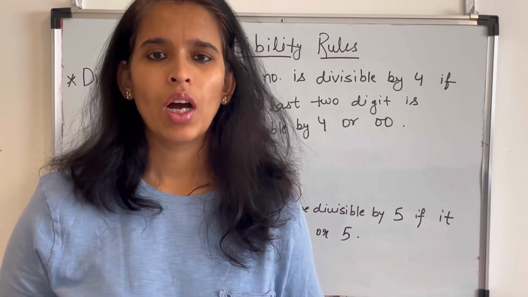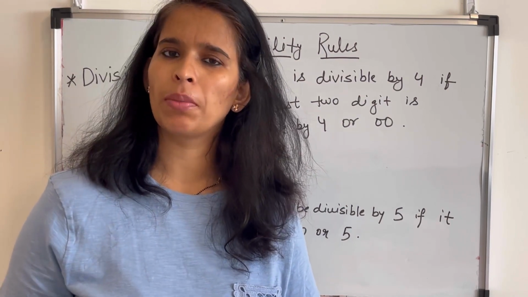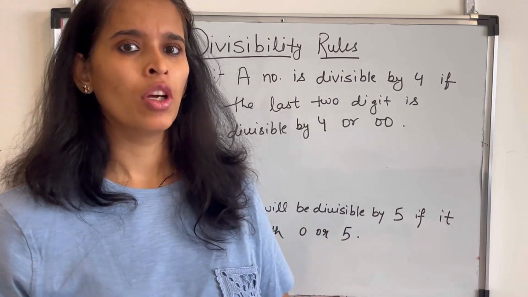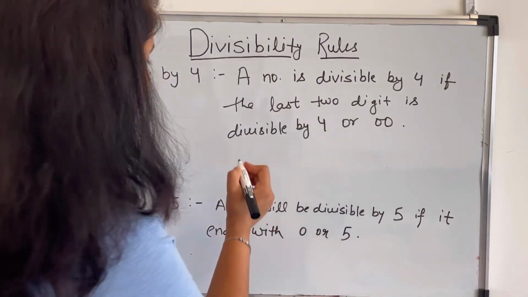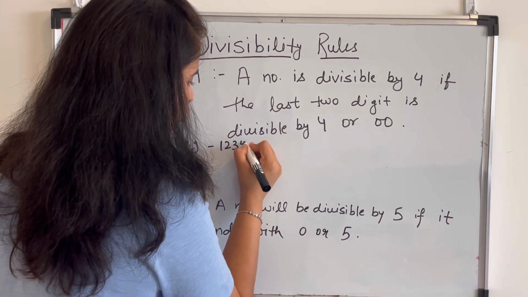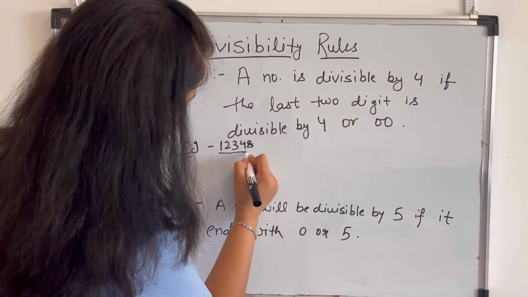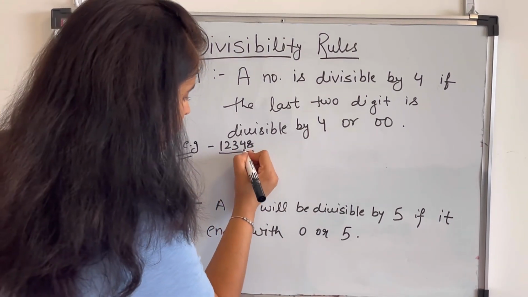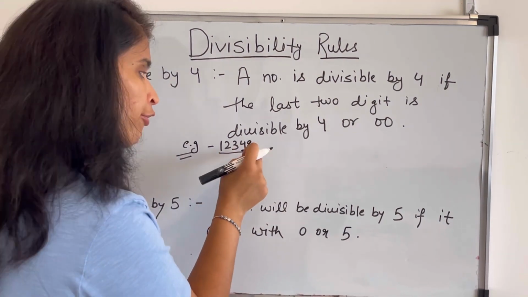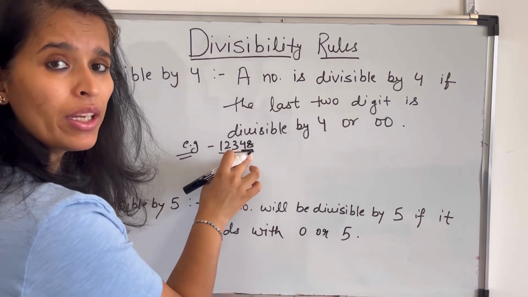Divisible by 4. A number will be divisible by 4 if it ends with 00 or the last two digits are divisible by 4. So let us understand through an example. If I have this number 12348, if this number ends with two digits that are either 00 or divisible by 4, then the whole number will be divisible by 4.